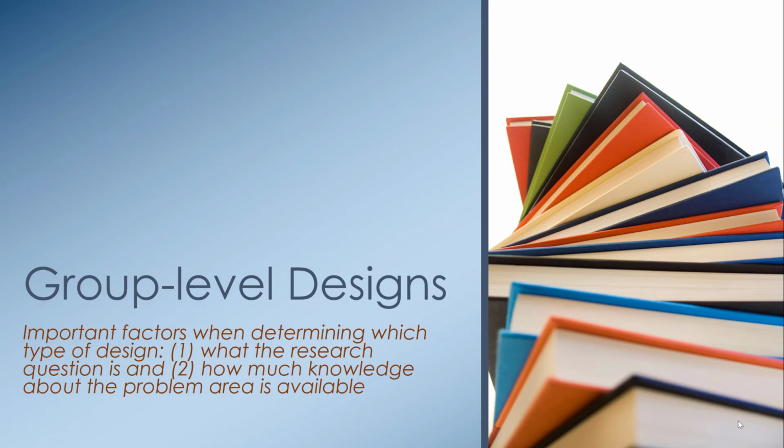So you will need to engage in that review of the literature, which then tells us the level of knowledge about the problem area or the intervention, whatever it is that's available, because these two factors really inform the group level design that we choose to answer that research question and to gather our data and to be able to make sense out of our data.